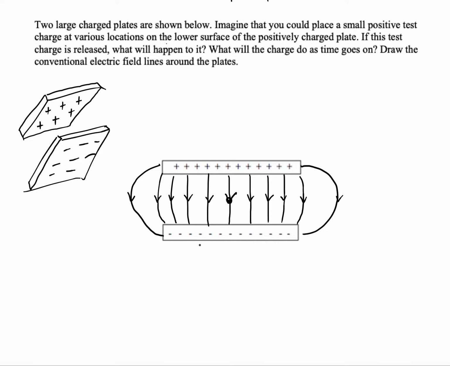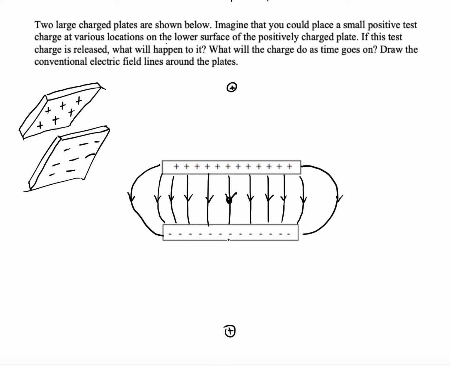Now, outside the parallel plates, we actually don't see a lot of field out there. It's very weak. The reason being that if you're a positive test charge out here, you are repelled by the positive plate, but you're also attracted to the negative plate. Now, the positive plate is closer to you, so you'll be slightly repelled more than attracted. And the same kind of phenomenon would happen here.